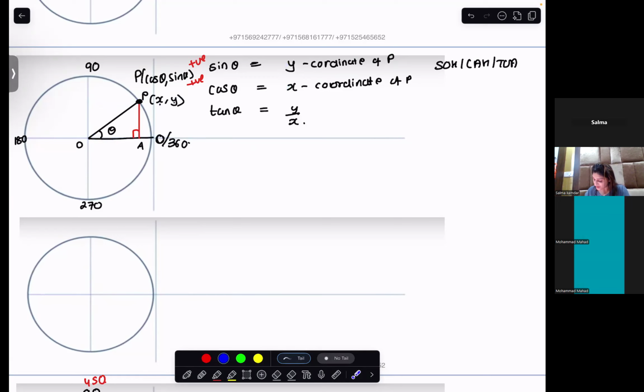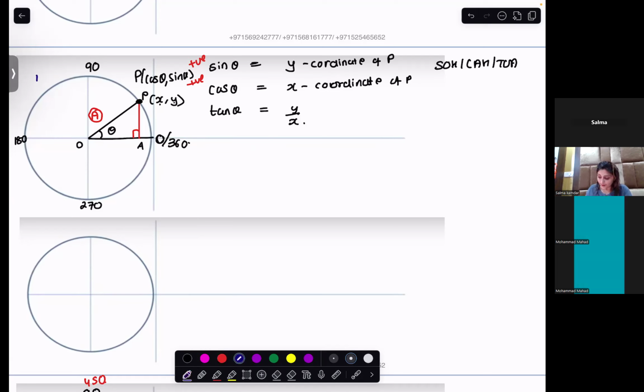So in the first quadrant, all the ratios, sine, cos, tan, are positive between 0 to 90 degrees. Now I go to the second one.